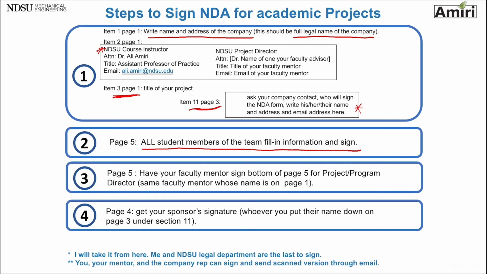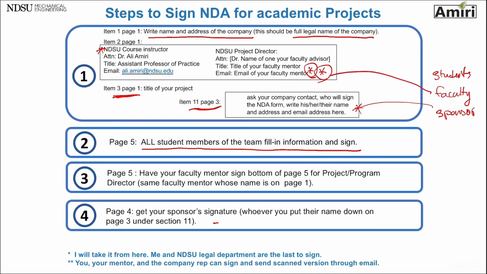After that, your faculty mentor, whoever you put their name here. It doesn't matter, if you have more than one faculty, put one down. That faculty needs to sign the form. Once you're done, you can send it to your sponsor. So it goes student, faculty mentor, then your sponsor, whoever you put their name here.